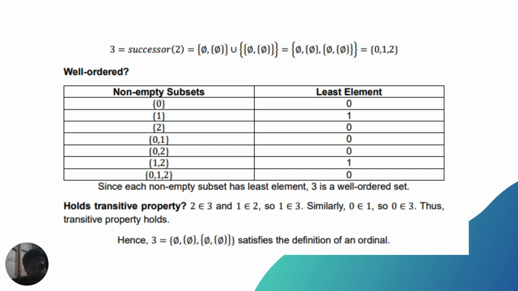Well, 2 is an element of 3 and 1 is an element of 2. By transitivity, 1 is an element of 3. Similarly, since 0 is an element of 1, 0 is also an element of 3. Thus, the transitive property holds. Therefore, 3 satisfies the definition of an ordinal.